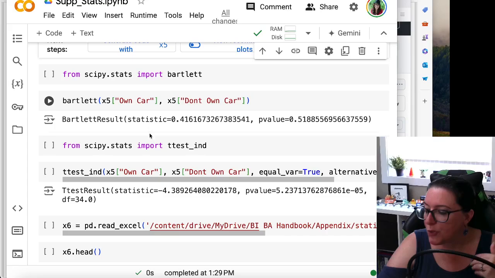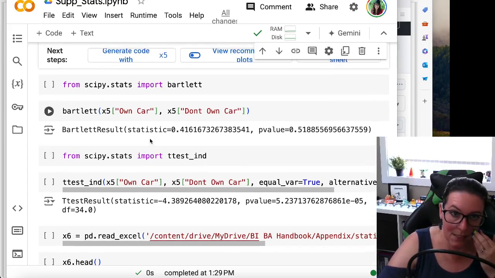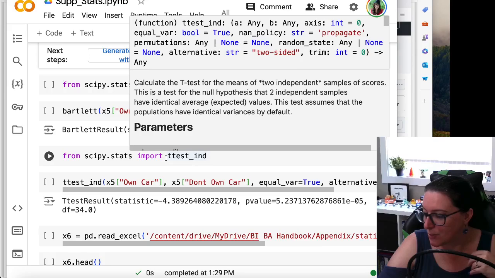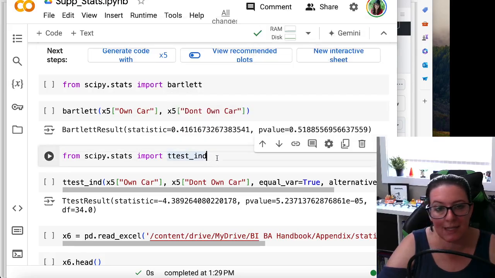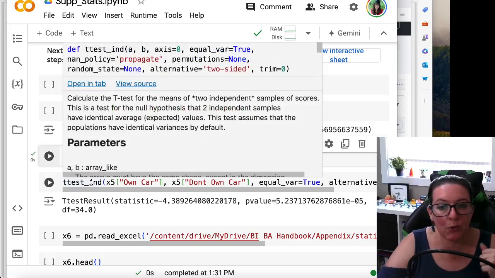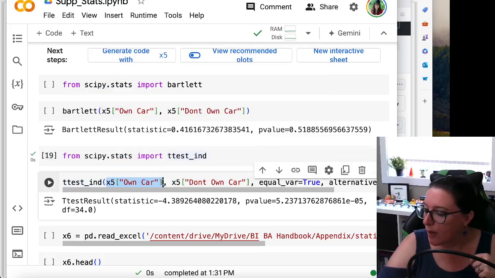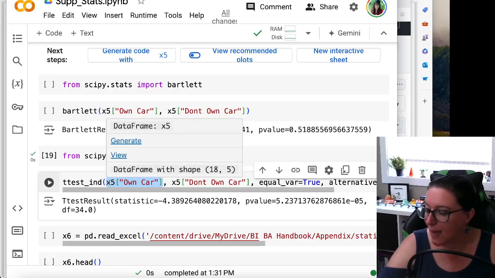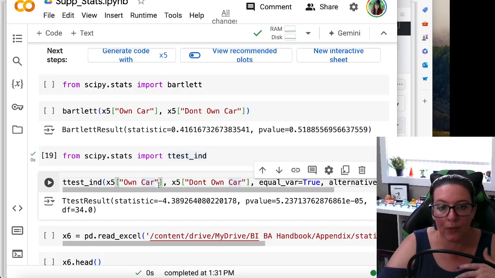Then in order to do our test, we are going to use scipy.stats and we're going to do an independent t-test. So we're going to import ttest_ind. Now, when we do this independent t-test, we will specify that we are comparing the first group, own a car, so from the data set X5, the variable own a car.